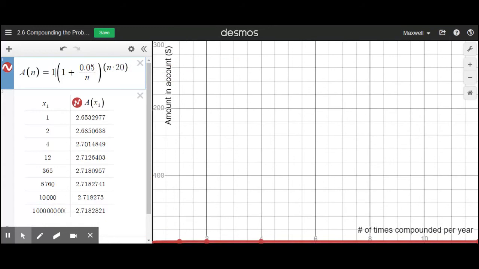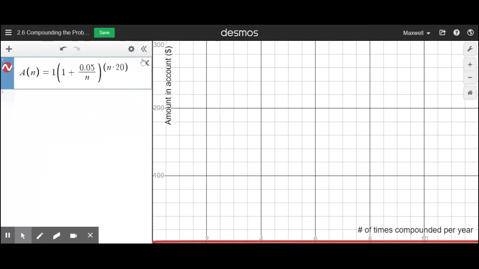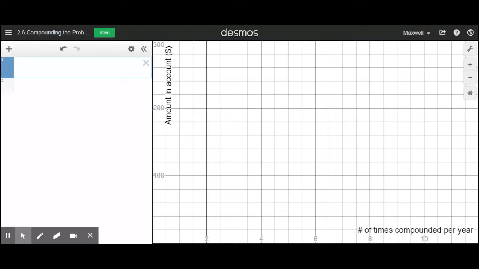And we can compare our two functions together now that we know what E is. Our one function was 500 times 1 plus 0.03 over 12, compounded 12 times a year, and then we raise that to the 12 times 10.